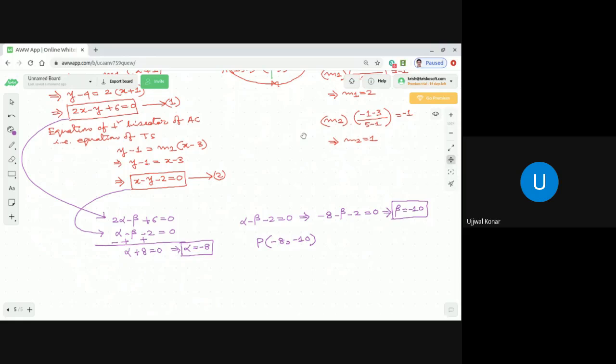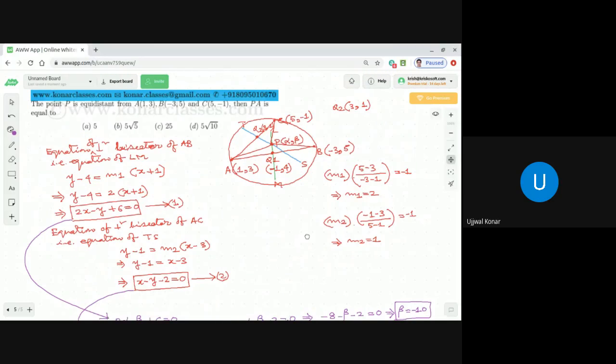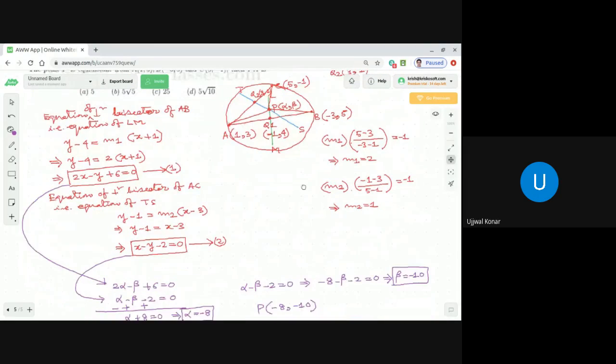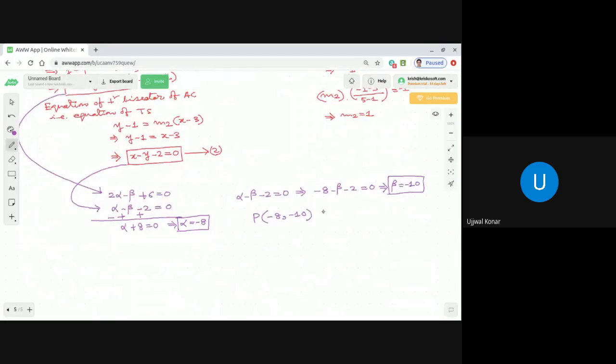And what we need to find? We need to find the value of PA. And what is the coordinate of A? A is 1 comma 3. So now it is very easy to find the distance PA, that is equal to square root of (1 minus the x coordinate of P, that is minus of minus 8, that is plus 8) whole square, plus (3 minus minus 10, that is 3 plus 10) whole square.